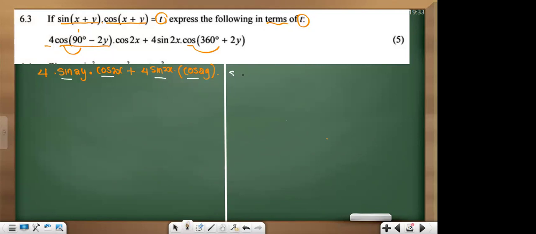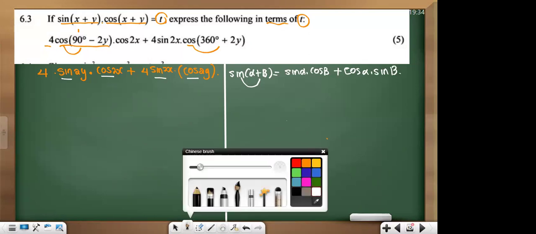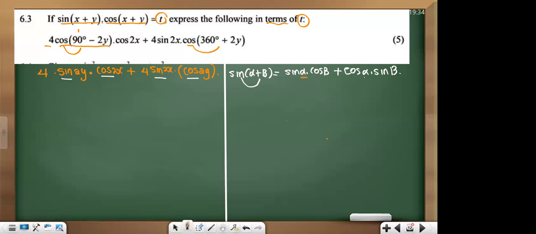I'm thinking of sine alpha plus beta equals sine alpha times cos beta plus, keeping the same sign, cos alpha times sine beta. Be careful: if I start with A here, I shall start with A on the other side. If B, here should be B. The arrangement should be the same.